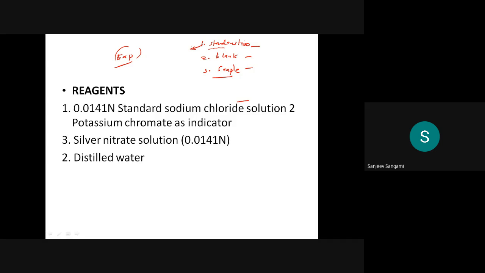Whichever titrant you are taking, titrant means the solution in the burette, you have to standardize it. Standardization means to check whether the concentration is the same as we have prepared. For example, in the DO, we took Na2S2O3.